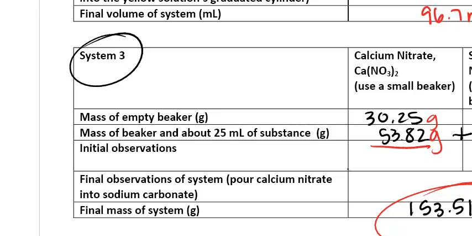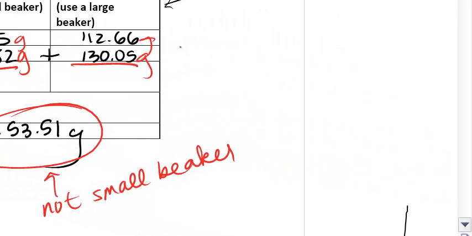see, now I just erased it. I should get my calculator so that I actually know. All right, here's my calculator. When I add those two together, I get 53.82 plus 130.05. Whoops. I get 183.87 grams.